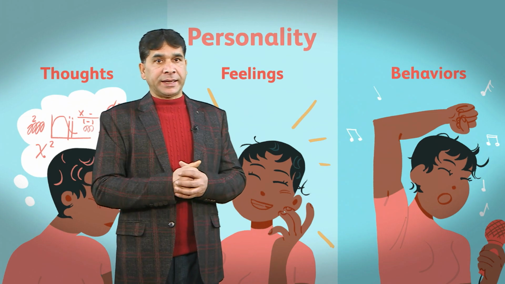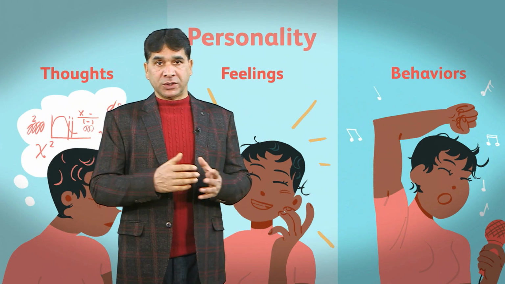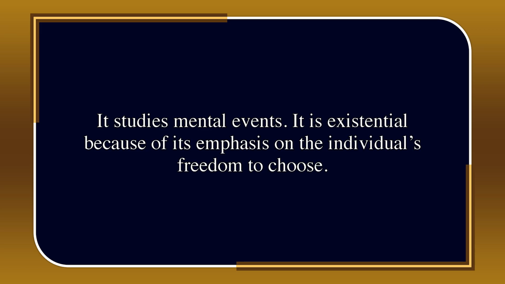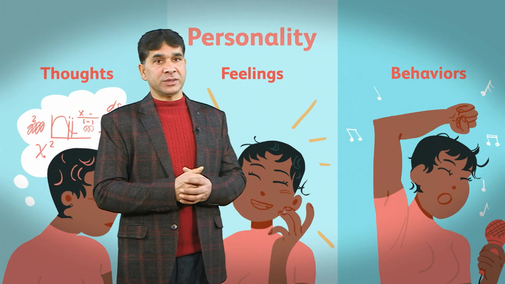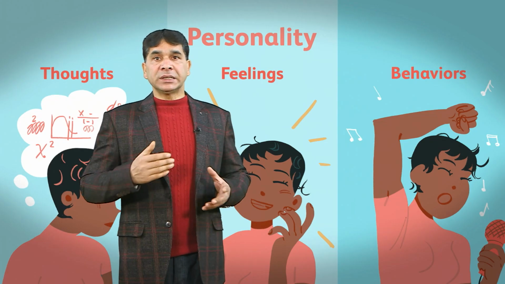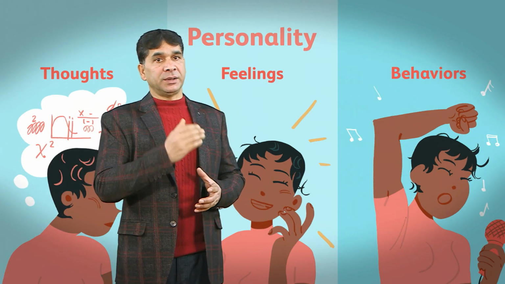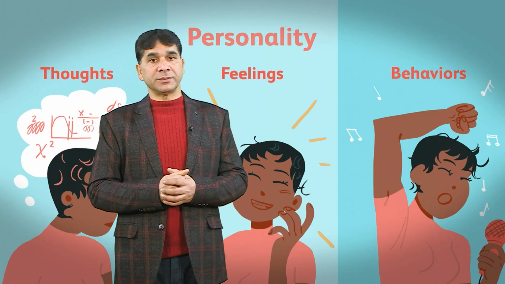It is described as cognitive because it studies mental events. It is existential because of its emphasis on the individual's freedom to choose. It is humanistic because it focuses on creative powers and ability of people to solve their problems.